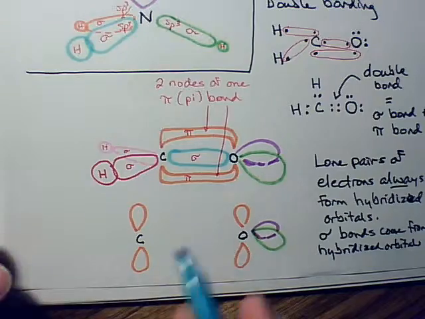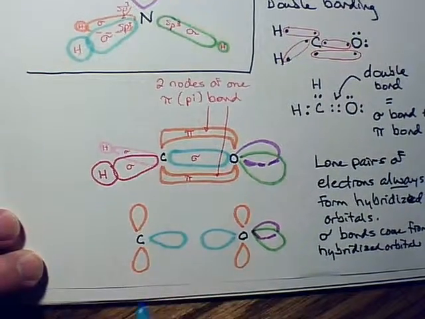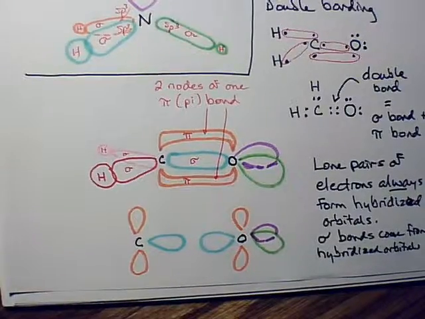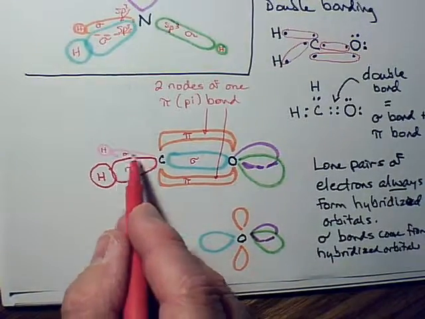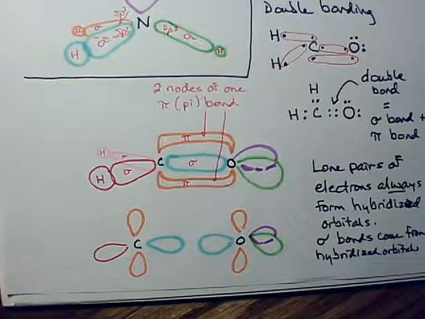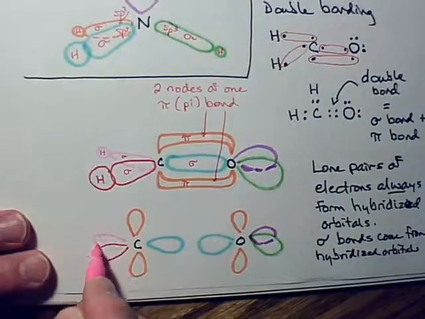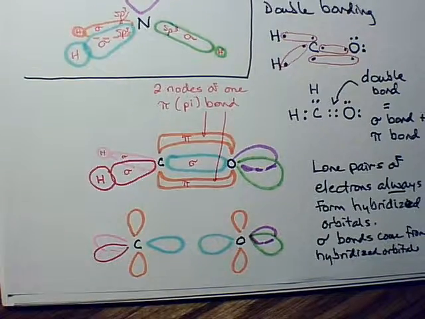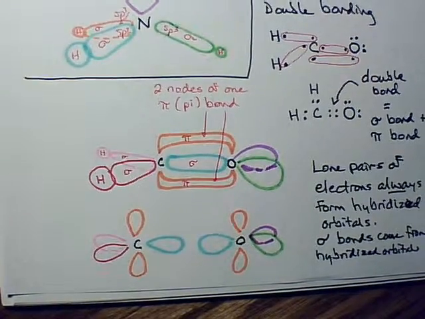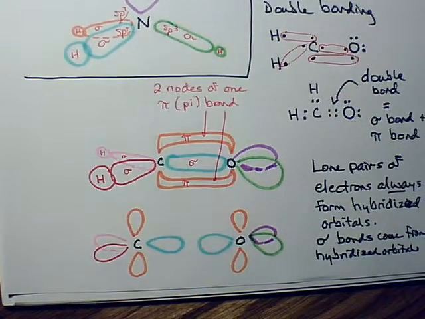So the way we think about it is they started out like this, and then they sort of overlapped and joined up. And these two sigma bonds over here are going to be starting out as hybrid orbitals. Okay? That's how we started out, and then we started joining everything up.